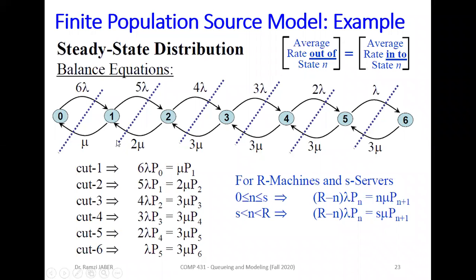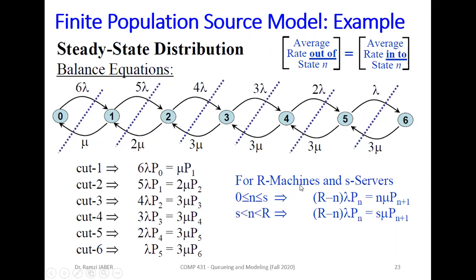In cut 2, 5 lambda P1 equals 2 mu P2, and so on till the last cut, which will be lambda P5 equals 3 mu P6. Okay, here we have constant 3 mu.